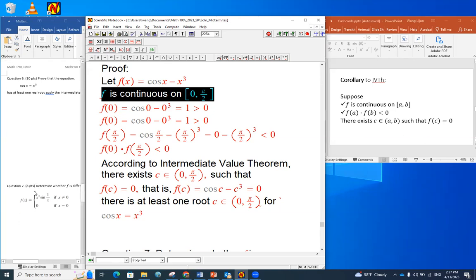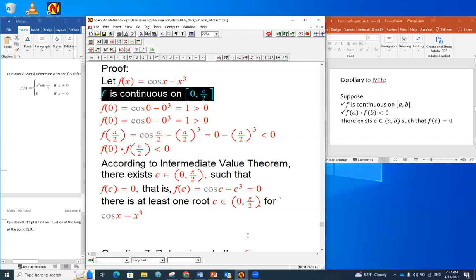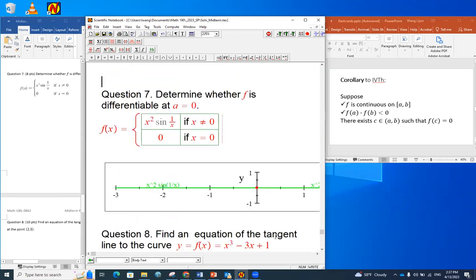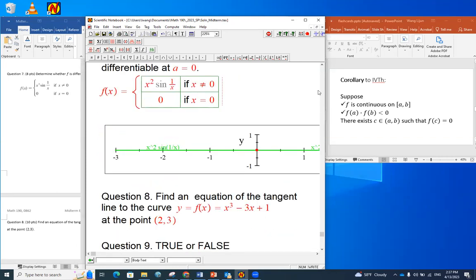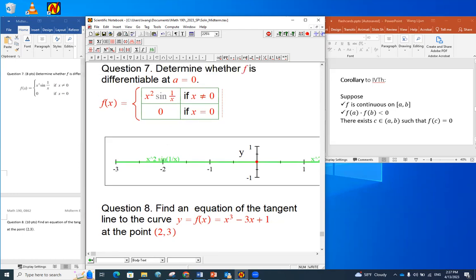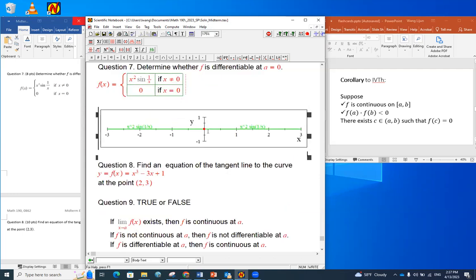Okay, so now let's look at question 7. Piecewise function again, but this time determine whether f is differentiable at 0. How to determine if a function is differentiable or not?